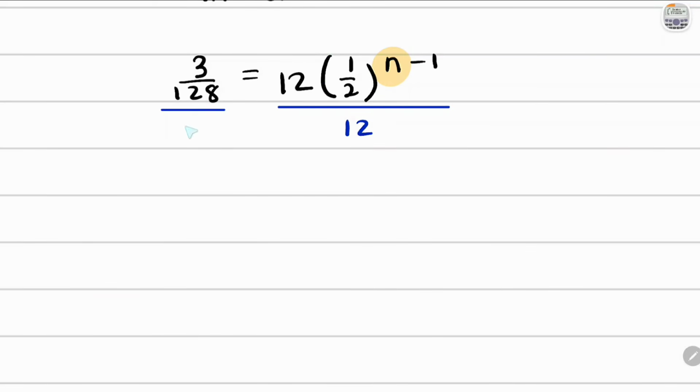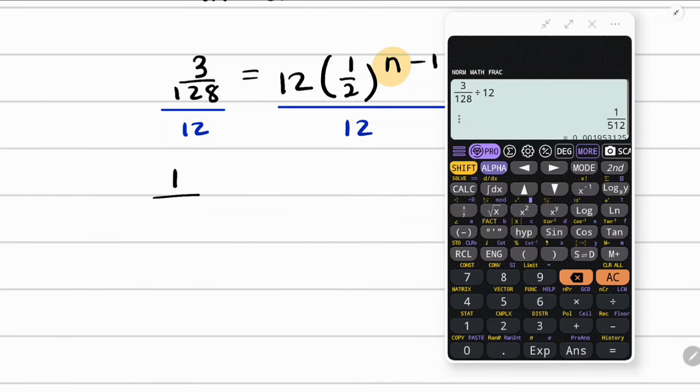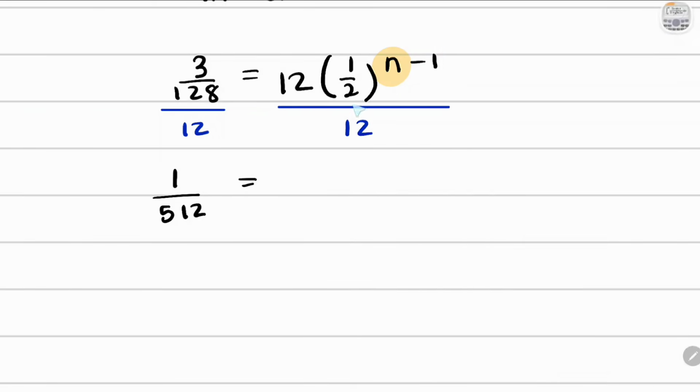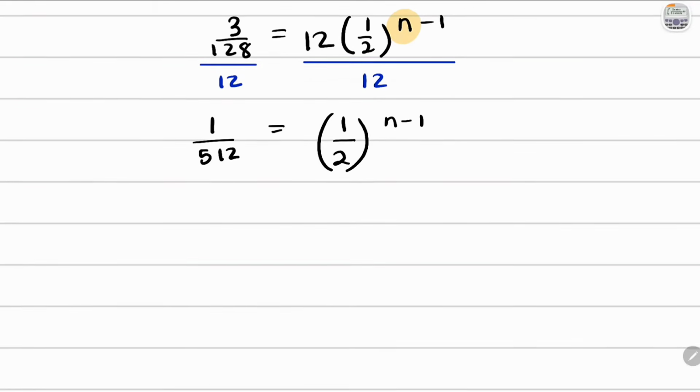So divide by 12. Now, of course, here you can type 3 over 128 on your calculator and use the division sign, and when I do that, I get 1 over 512. And this is equal to, this part now cancels, and you're left with 1 over 2 raised to the power of n minus 1.